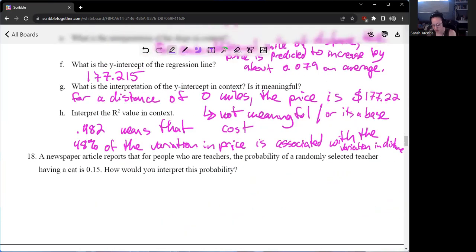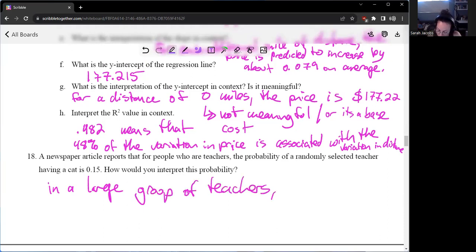So 18. This one is a little weird as a non-multiple choice question, but I just want you to think about what probability actually means. In a large group of teachers, approximately 15% will have a cat.